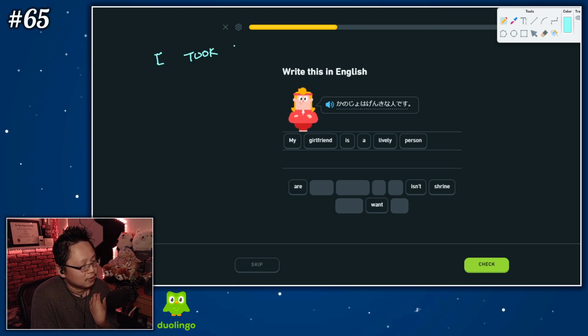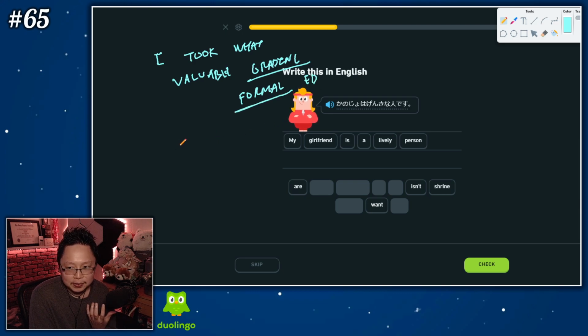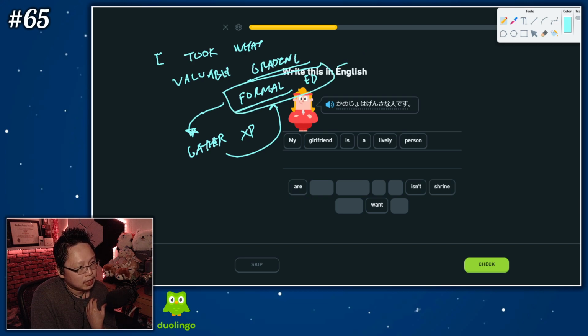I took what was valuable about grading systems, right? I'll call it formal education, which is usually the phrase I would use. And now I'm outside of the formal education. So now I'm trying to gather experience communicating to people that is typically outside the formal education system.